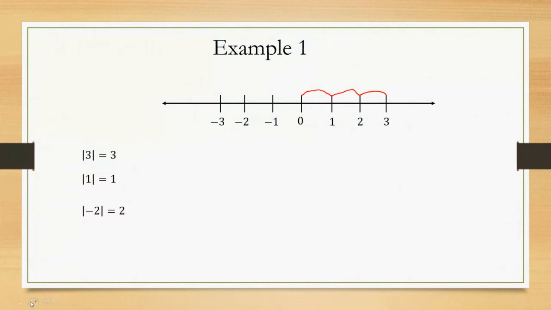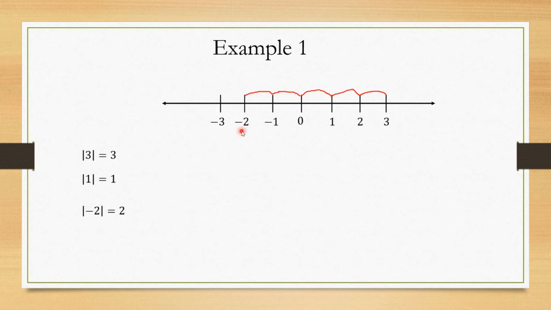What about negative 2? The absolute value of negative 2: well, negative 2 is 2 units away from 0. It's just to the left instead of the right. So negative 2 has absolute value 2. Okay, good.